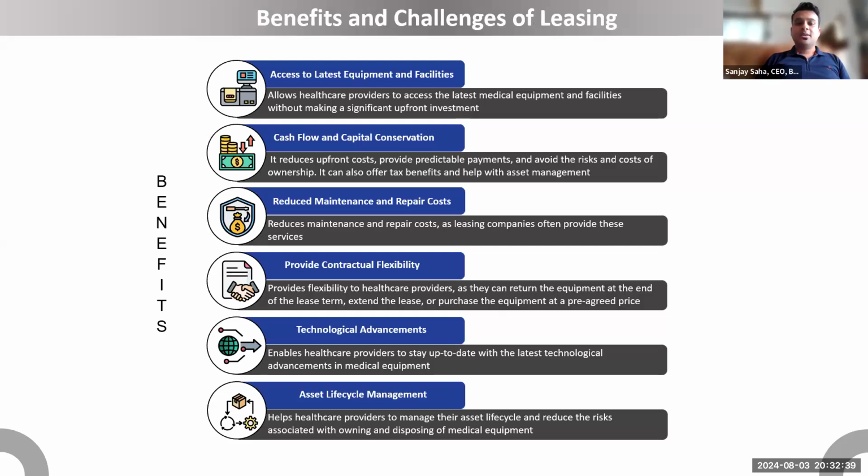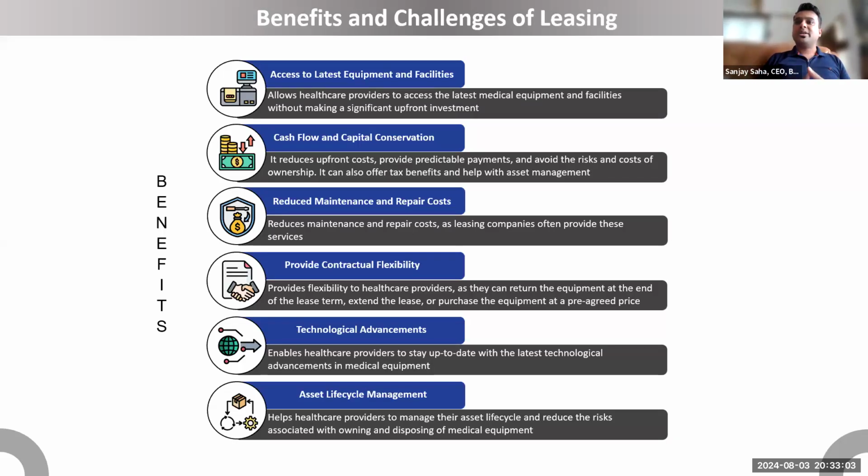Like I said, benefits could be access to latest equipment, so you can keep on changing the equipment after a point in time. Better cash flow and conservation of capital. Rather than paying $1 million for an equipment, you can just pay $10,000 every quarter for usage. Reduced maintenance and repair costs.